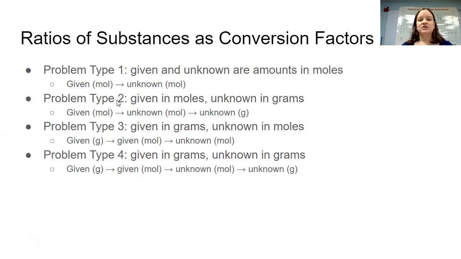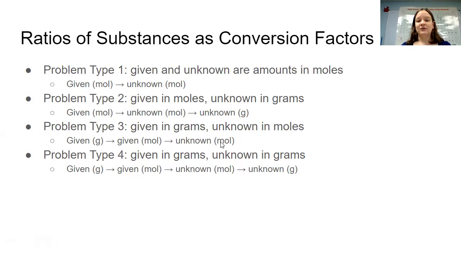With problem type number 2, you're going to be given something in moles, but they want you to find the mass of one of the other substances. So we would convert first to the moles of our unknown, and then, if you remember molar mass, we'll convert using molar mass to the mass of our unknown.